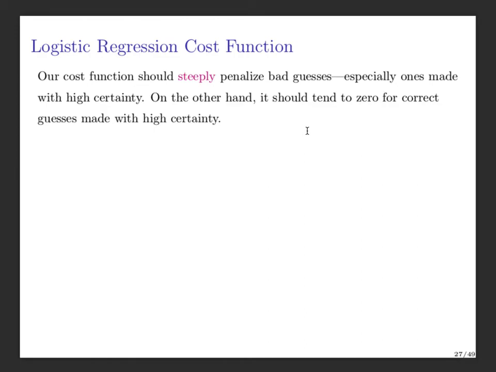When we have a cost function, if I'm making an incorrect guess with high confidence, that should be penalized a lot. If I have a correct guess with low probability, that should also be punished. And then we're going to be able to minimize this cost function to find the best decision boundary.